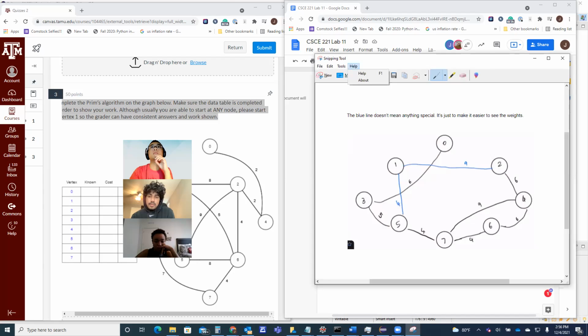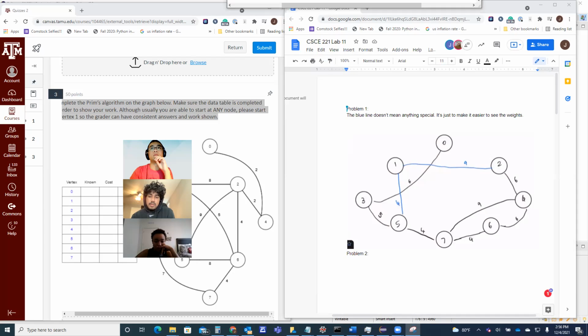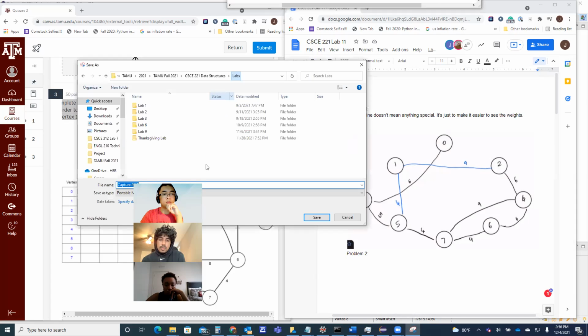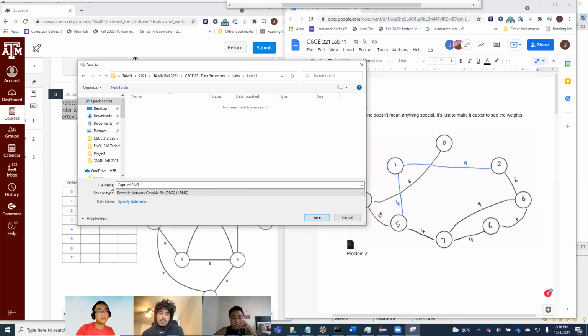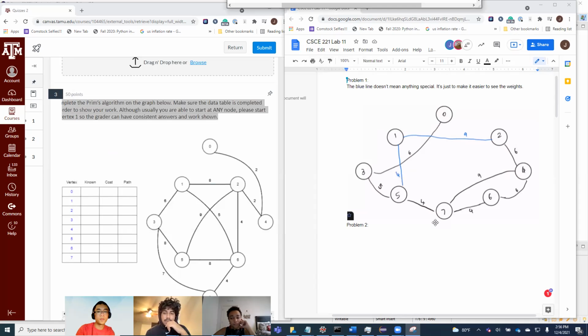Let me save this. This is lab 11. That's what you named the document at least. Yeah, and then Thanksgiving was lab 10. So this is CSC 312 lab 11 Q1.